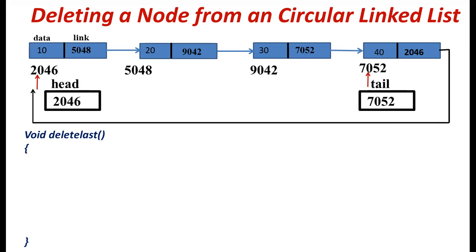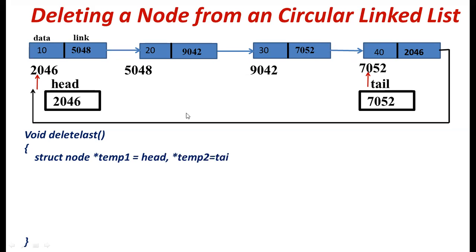So here we are removing the last node. This will be our last node, so tail should point to this node. And here the next address should be 5046. Understood?